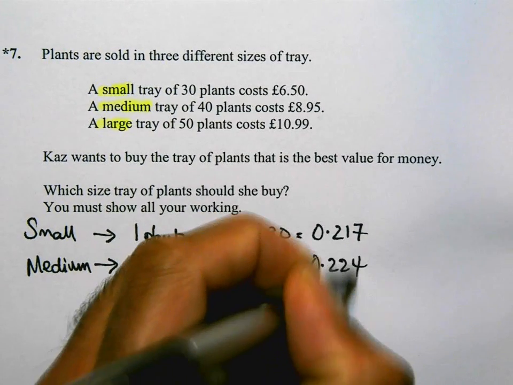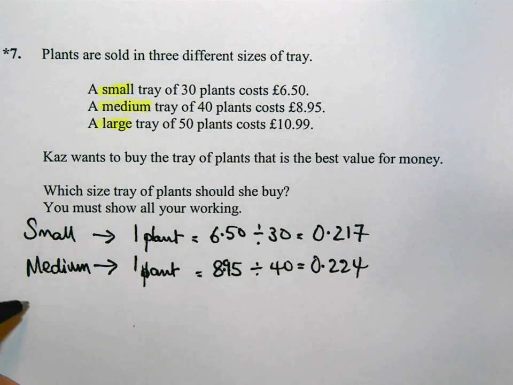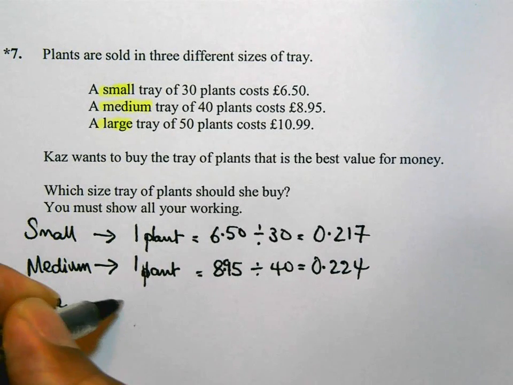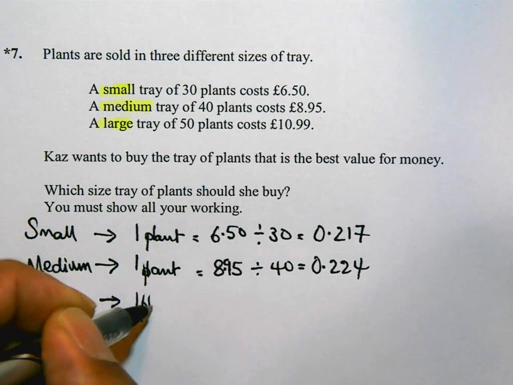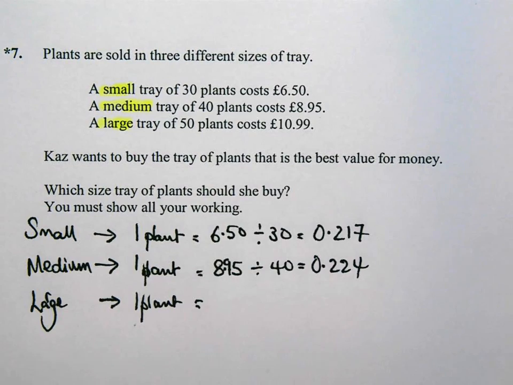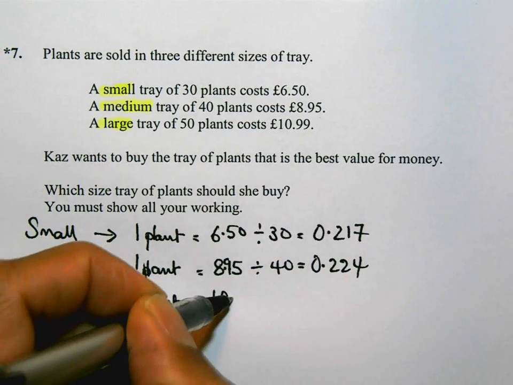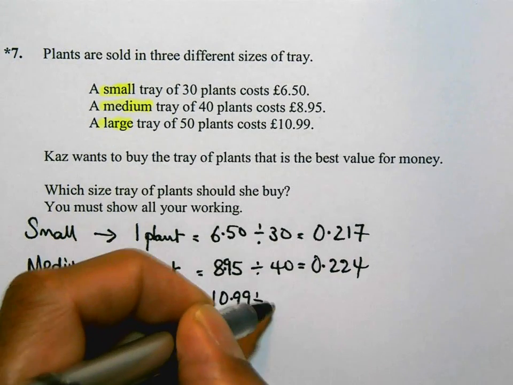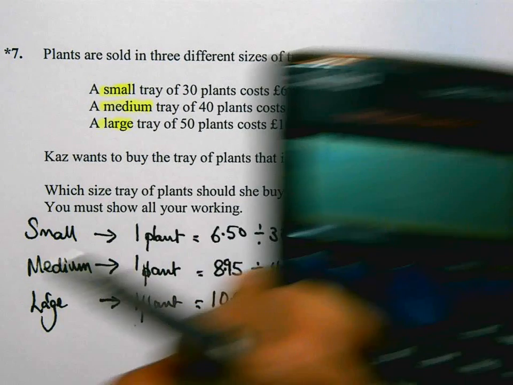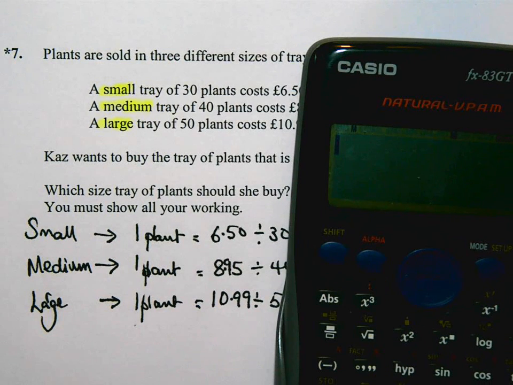0.224. And finally, the large tray, 1 plant will cost, okay, so I have 50 plants costing £10.99, so 1 plant is going to be £10.99 divided by 50, and let's see what that gives us. £10.99 divided by 50 equals 0.2198.